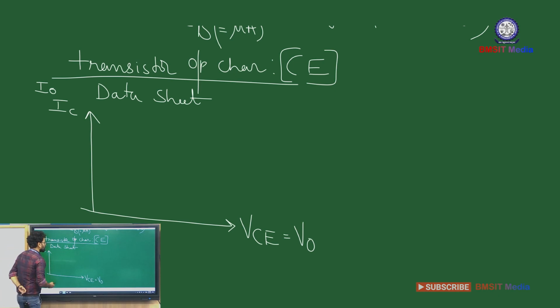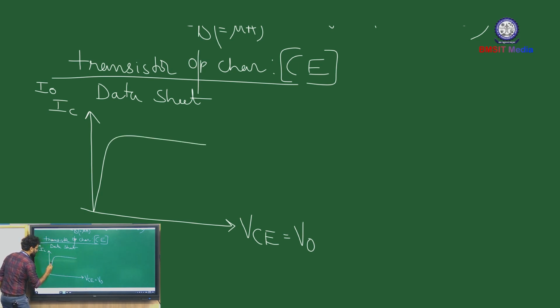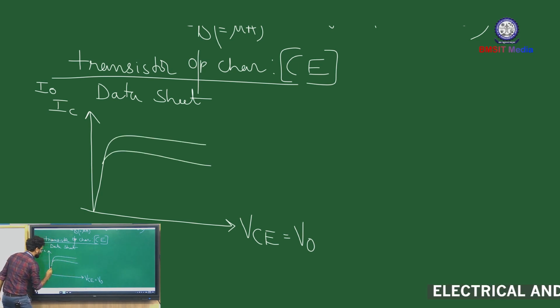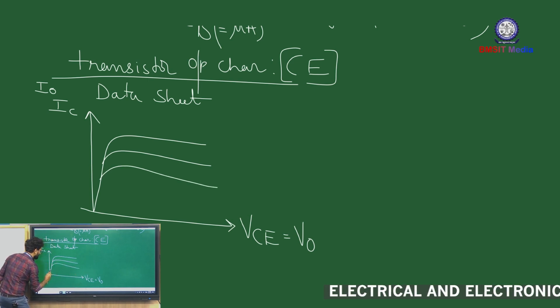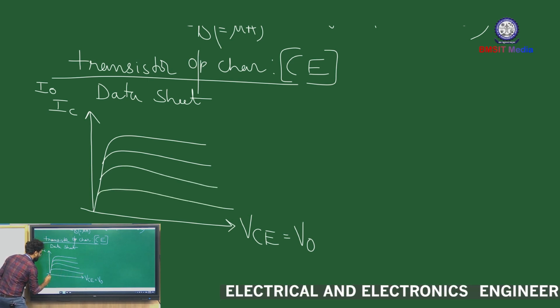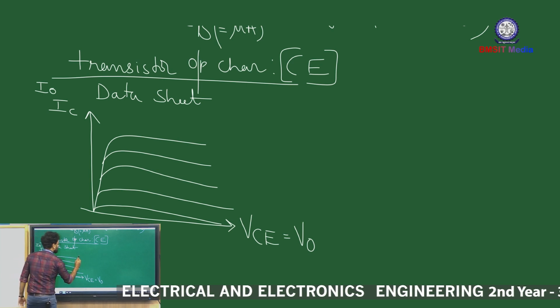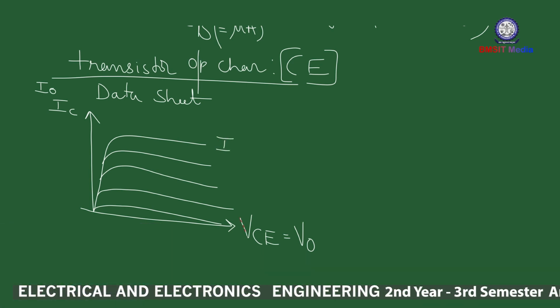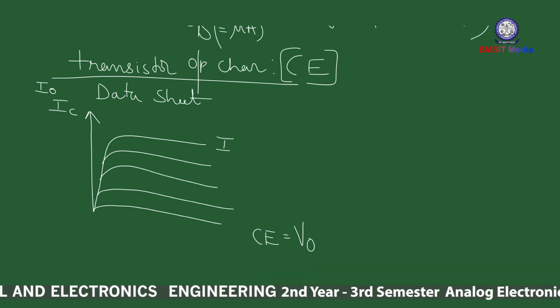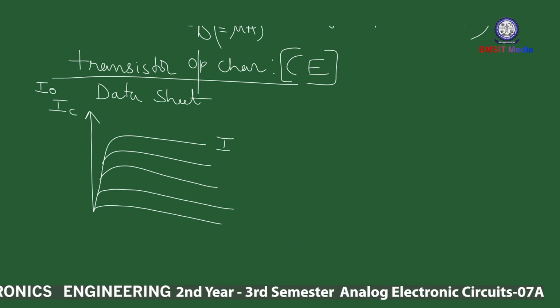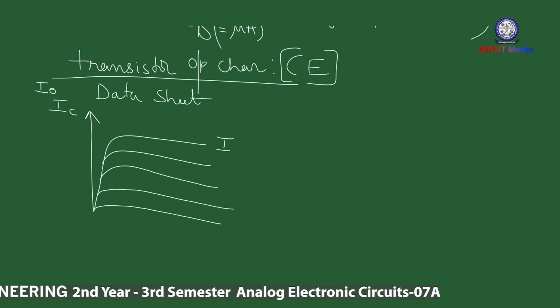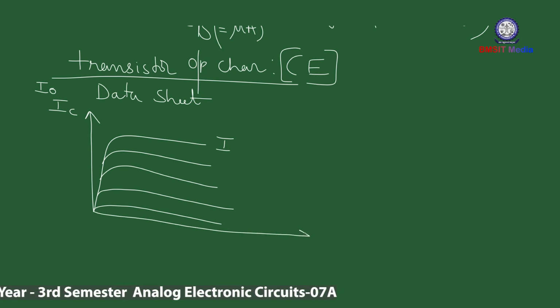And this transistor output characteristics is plotted for different base currents. So this is the typical shape of the transistor output characteristics. Let me slightly extend the x-axis so that I can explain with better clarity.